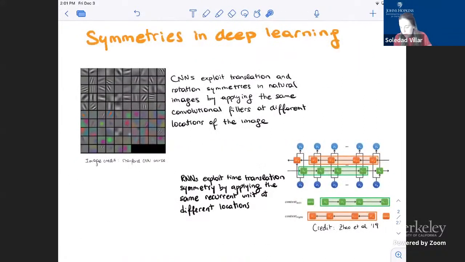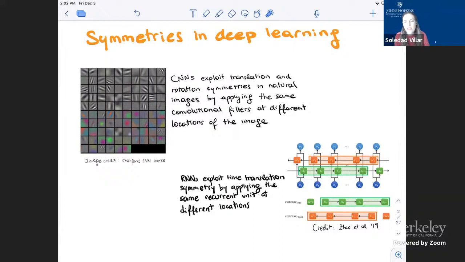So I think I don't need to introduce the motivation for implementing symmetries in deep learning after the talk by Max Welling, but I'm just going to say that there is some heuristic explanation that one of the reasons why deep learning is so successful is because it captures the symmetries that natural data has, like natural images have some translation and rotation symmetries that are captured by these convolutional filters, applying the same filters in different locations of the image.